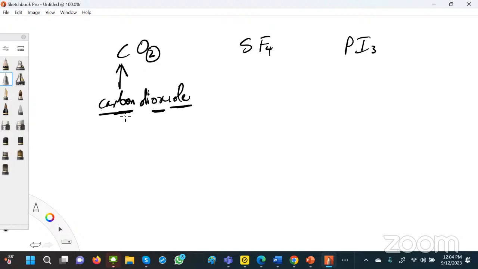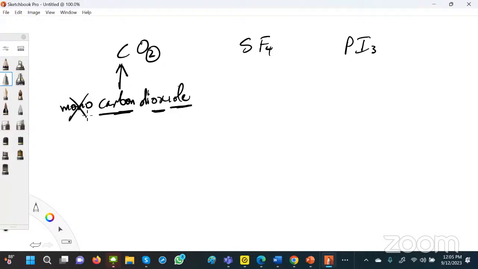And the answer is that there's a slight exception to the rules when it comes to the first element indicated in the formula for which there's only one atom, right? If there's only one atom for the first element, then according to the IUPAC rules, no prefixes should be used. So therefore, you should not use mono, right? So it is incorrect for you to say mono carbon dioxide. That is incorrect.